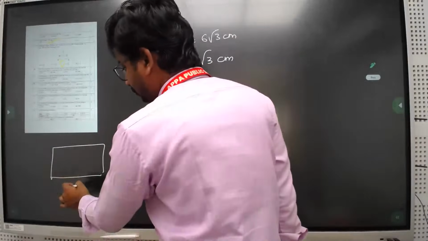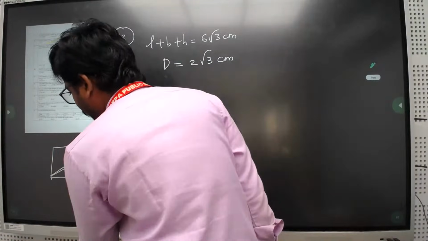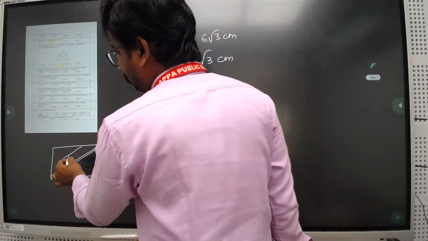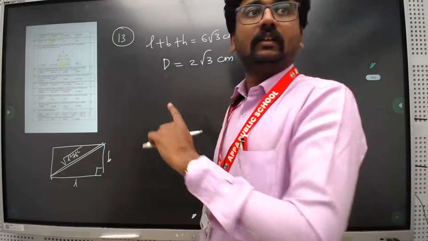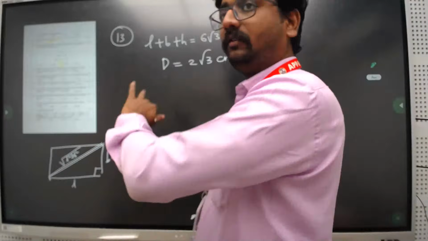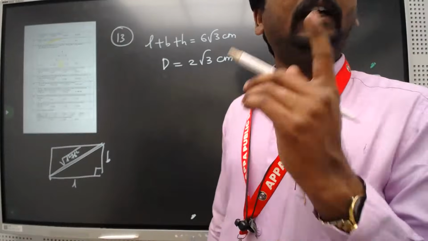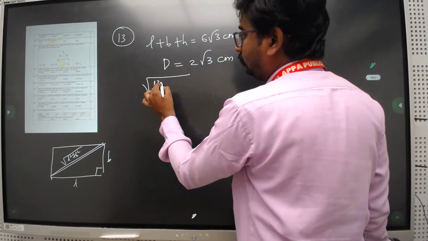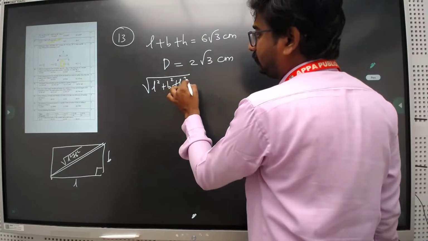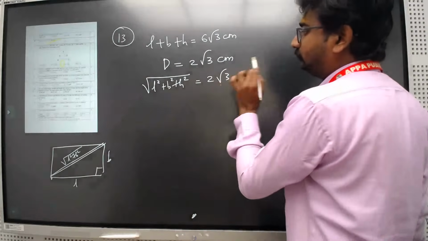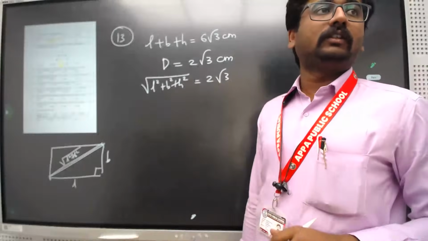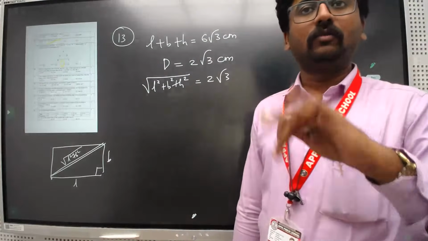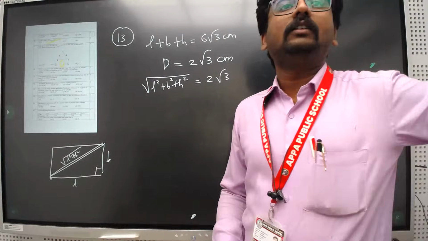This is length, this is breadth, then this will be the diagonal. Then this will be under root L square plus B square. That is the diagonal of a rectangle. Now what is extra for the rectangle? Height. Then it will become a cuboid. So the diagonal of a cuboid is under root L square plus B square plus H square is equal to. Now how do you remove this square root? If we square on both sides, there is one more common.